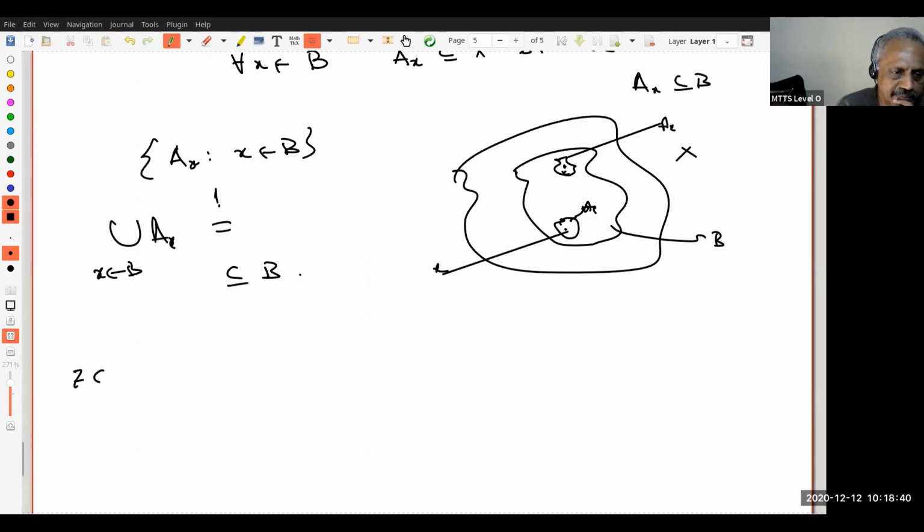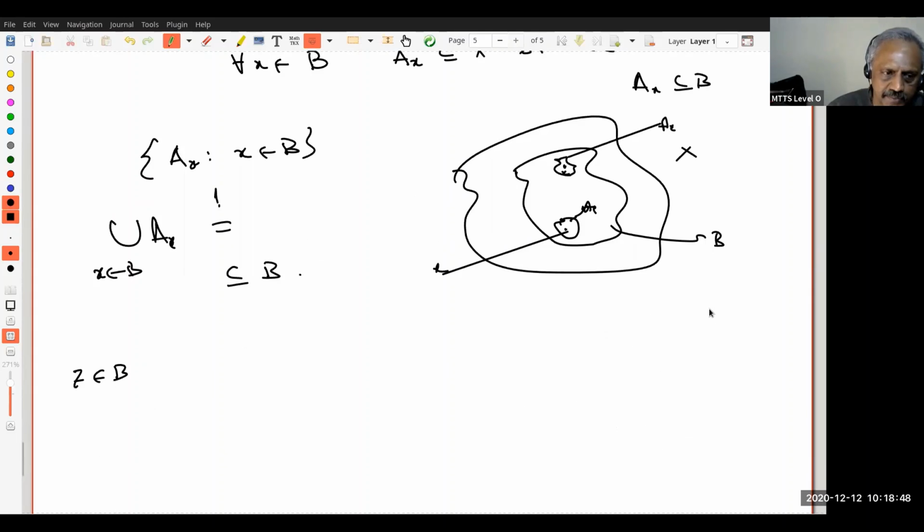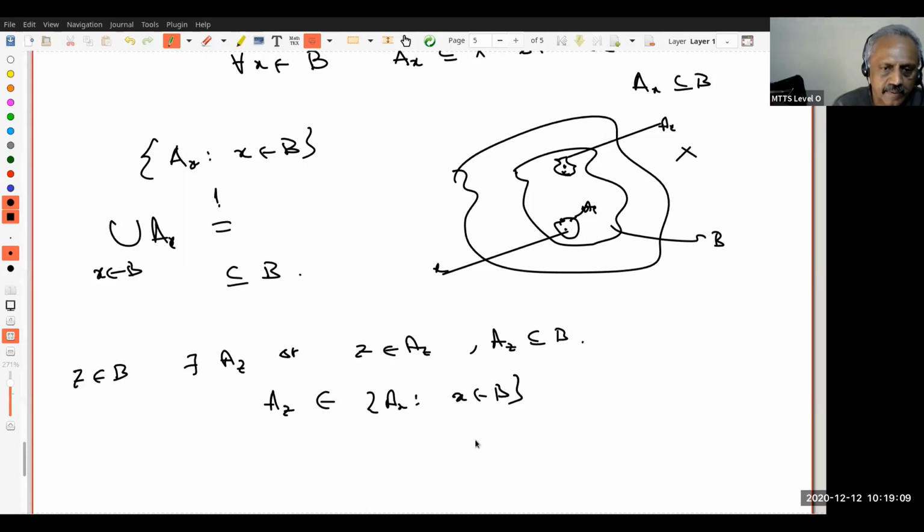Now start with any z in B. By my assumption, for every x in B, there exists A_x such that x belongs to A_x and A_x is contained in B. Therefore, for this z also, there exists A_z, with the property that z belongs to A_z and A_z is contained in B. Therefore, A_z belongs to the family A_x, x in B. Therefore, my z belongs to the union of A_x, x in B, because z belongs to A_z.